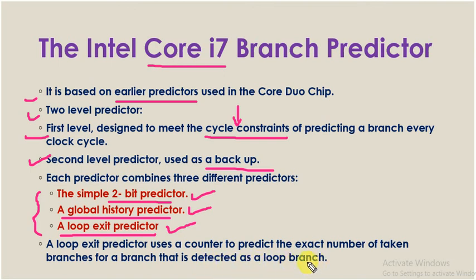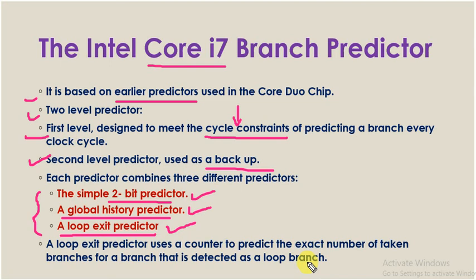So a loop exit predictor uses a counter to predict the exact number of taken branches. In the previous case we were considering not-taken branches. Sometimes it will be a taken branch, moving towards the branch target, and if it is not taken it is not moving towards the branch. So here it will use the counter to predict the exact number of taken branches for a branch that is treated as a loop branch.